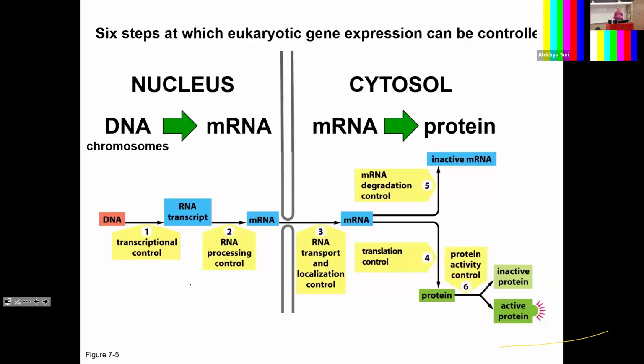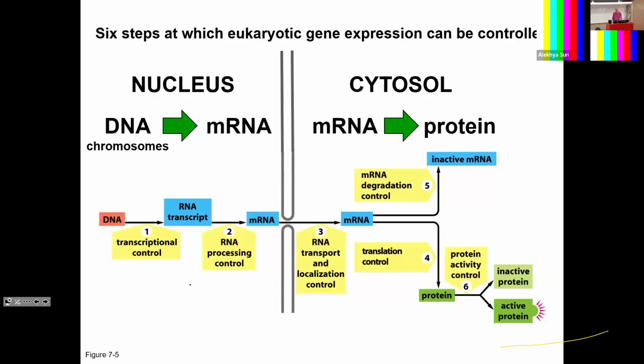Once this is completed, RNA will be transported to the cytosol, and then there are various steps. One could be that RNA is localized to a certain site in the cell, could go to the cell membrane, for example.